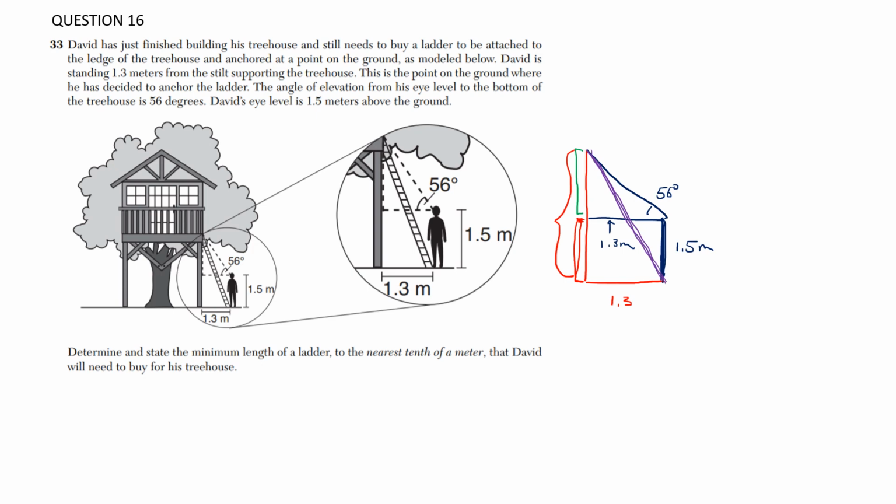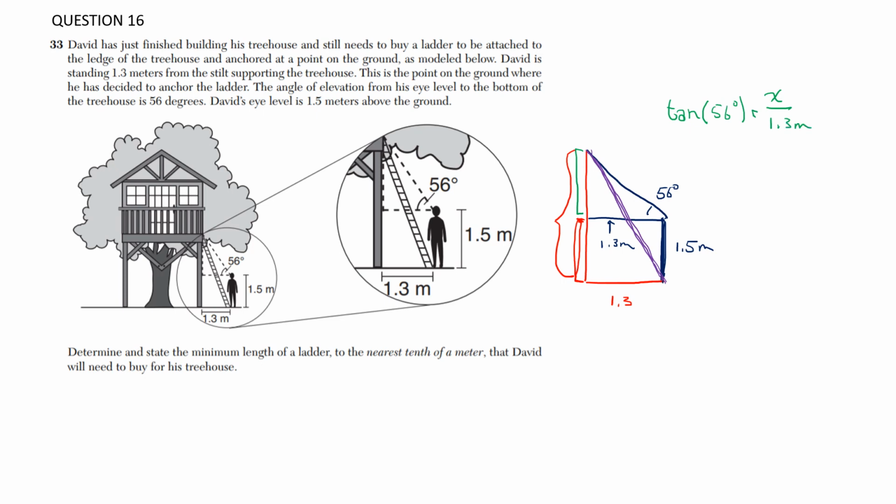We can do a tangent of our 56 degree angle. And we know tangent is opposite, which is our missing length. Let's put that in x. And then over adjacent, which is 1.3 meters.